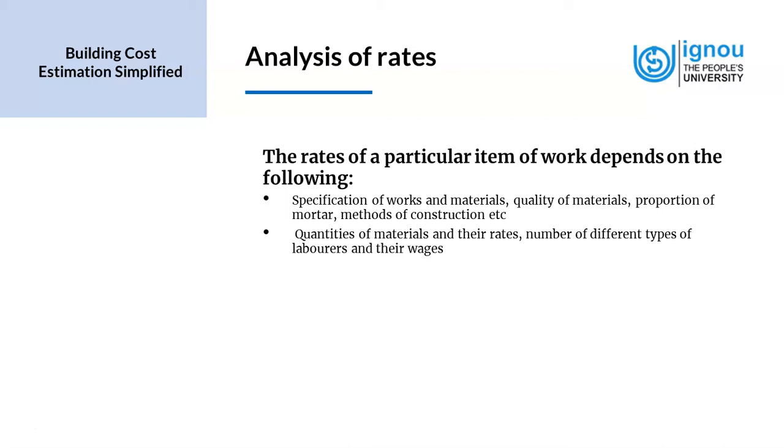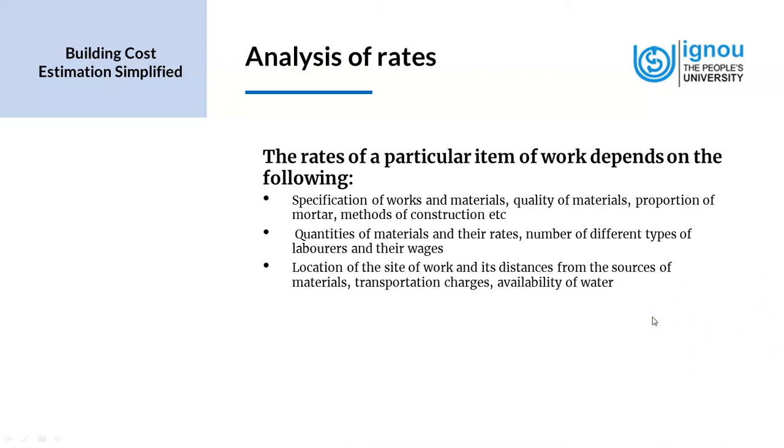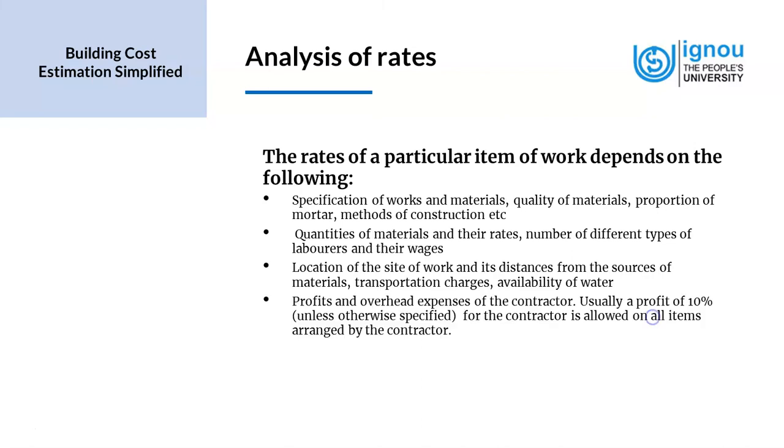Again, material and labor are being classified, and the rates of particular item of work depends on these factors. Location of the site of work and its distances from the sources of materials, transportation charges, availability of water. These are also factors that affect the rate of a particular item of work.